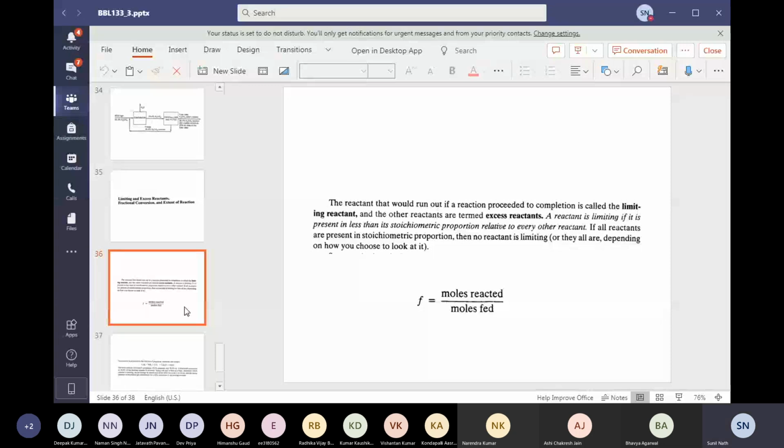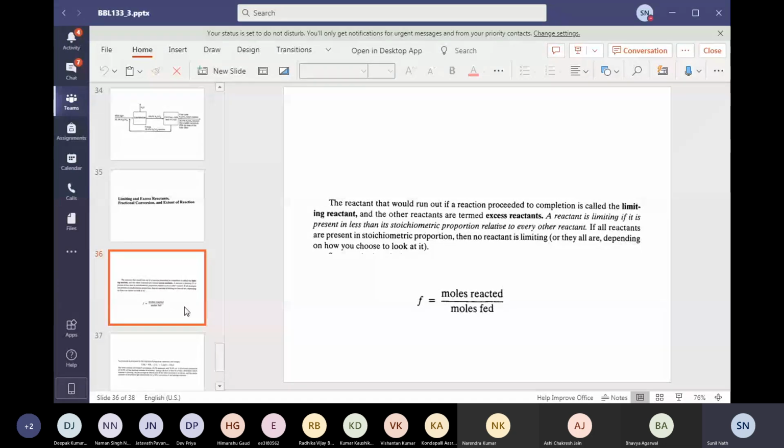Many times maybe you fed in methane, but the reaction didn't go to completion. Then you will have how many moles you reacted and how many moles you fed. That gives you your extent of conversion. I think you know all of these things.